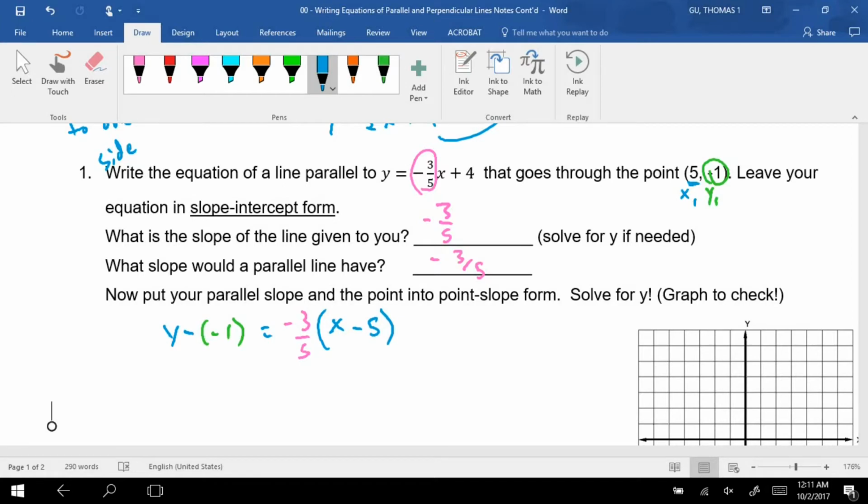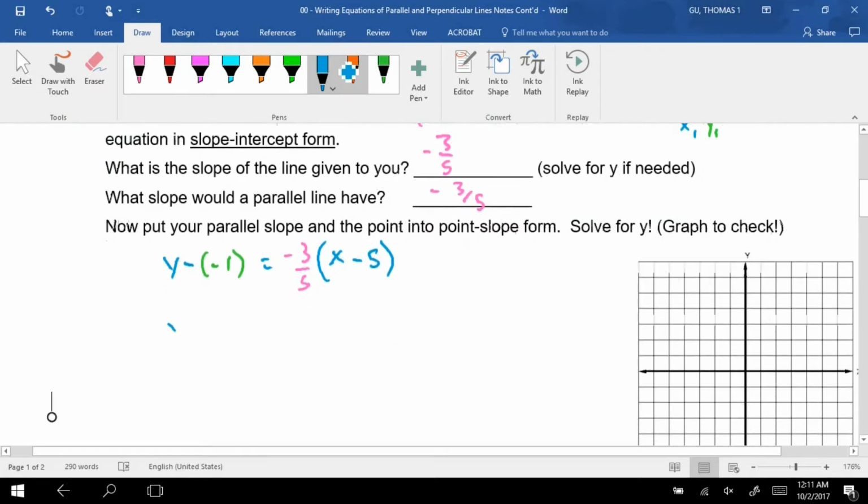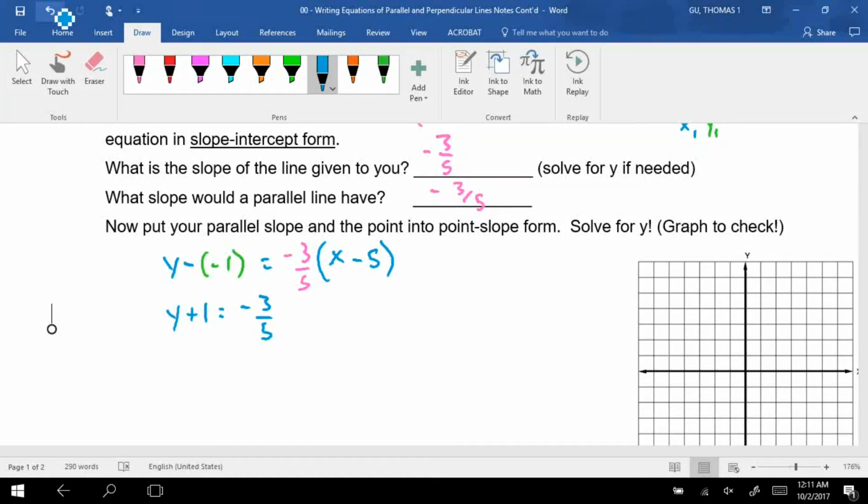Let's get rid of this double negative and make it a positive: y plus 1 equals -3/5 times x minus 5. There's our point slope formula.